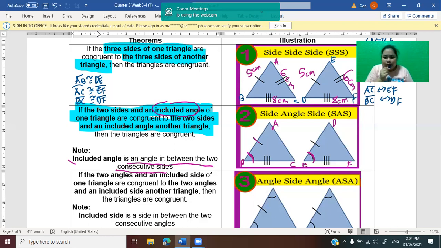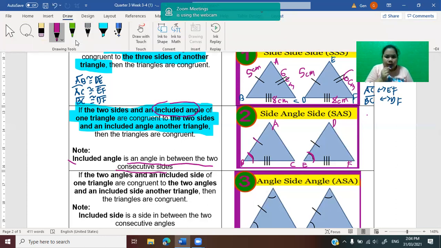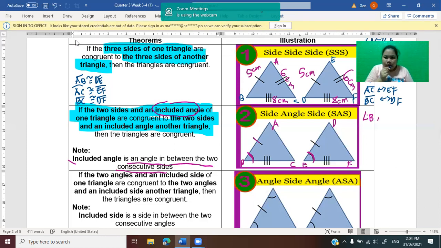So AB, sige, i-note nga natin dito. Wait lang, angle B pala, sorry, it's angle B. Angle B is an included angle of AB and BC.